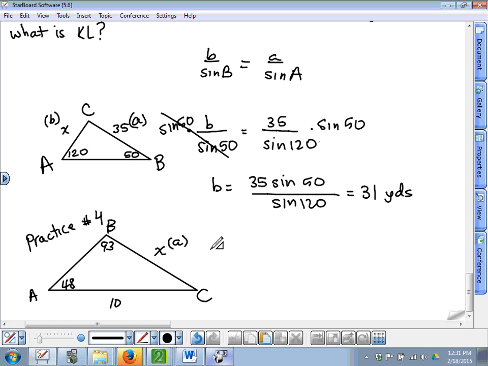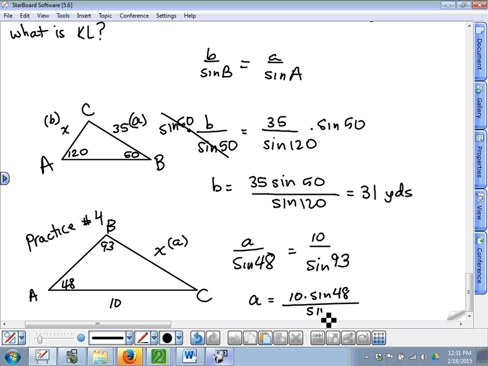But so I'm going to use little a over sine 48 equals little b, which is 10, over the sine of capital B, which is 93. If you multiply it by sine of 48 on both sides, you get 7.4.